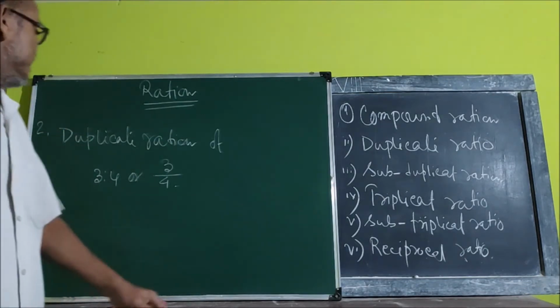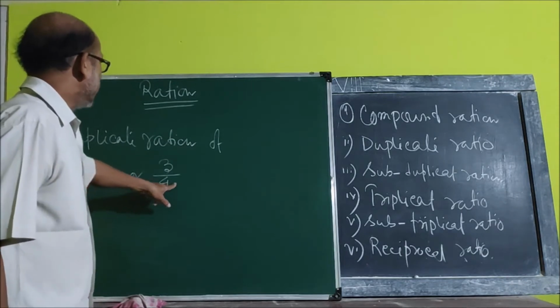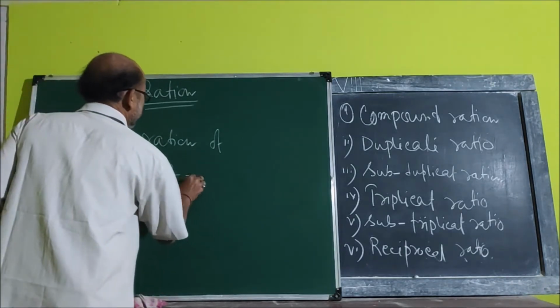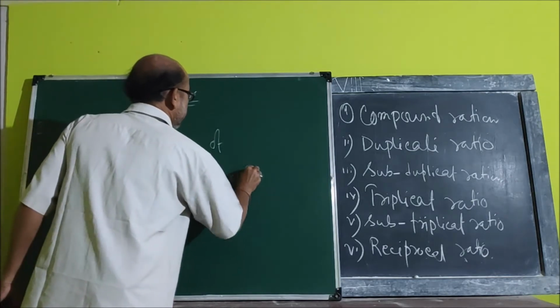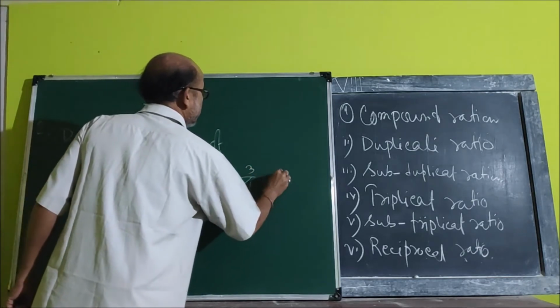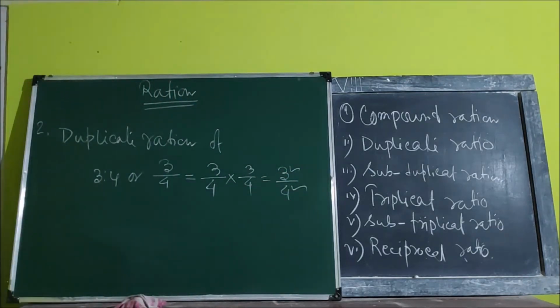What is the duplicate ratio of 3:4? The answer will be 3 by 4 into again 3 by 4, which means 3 square by 4 square.